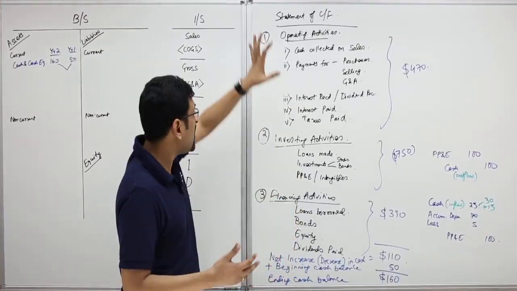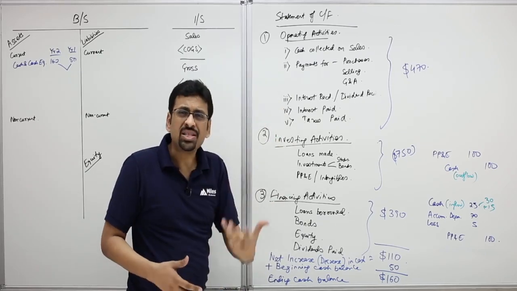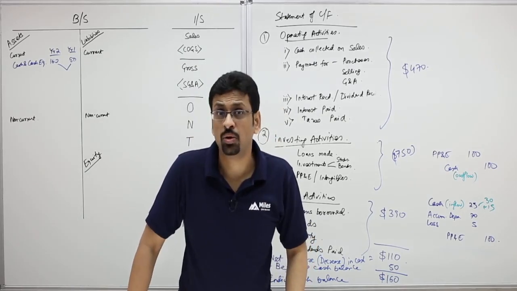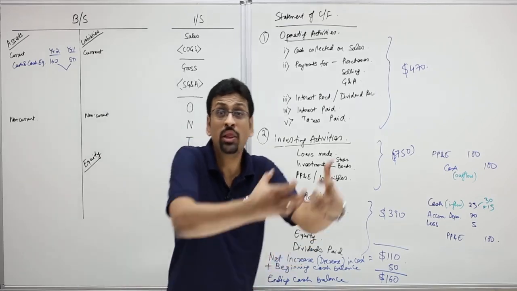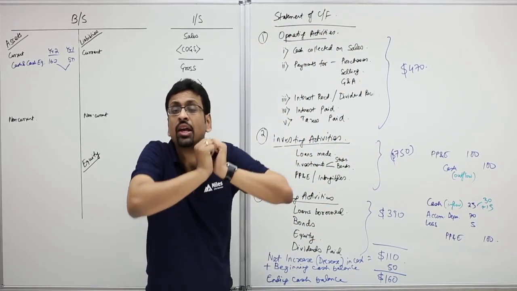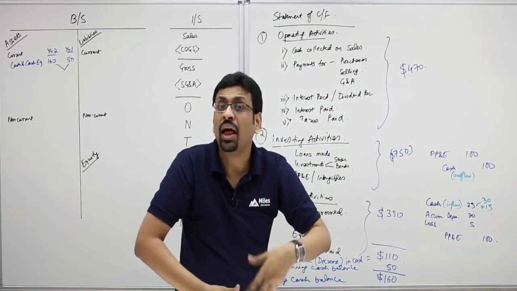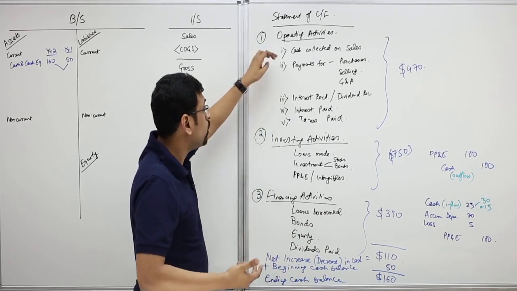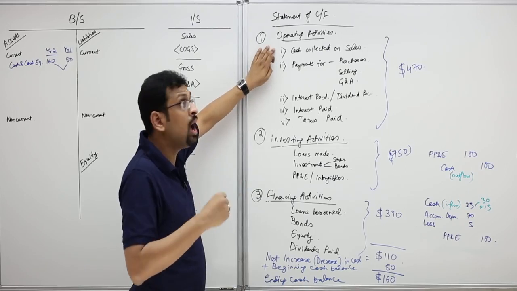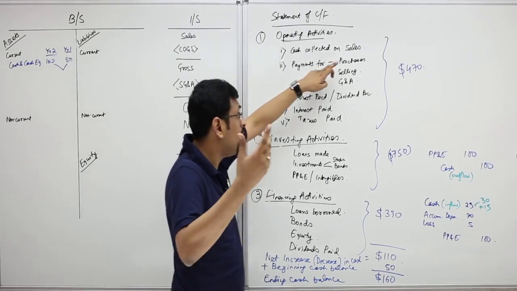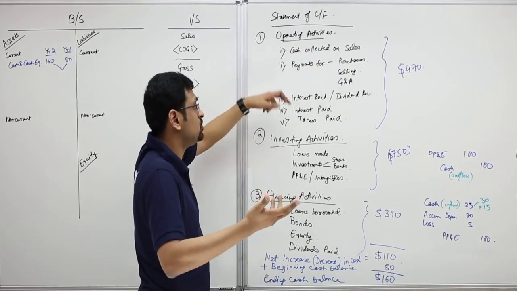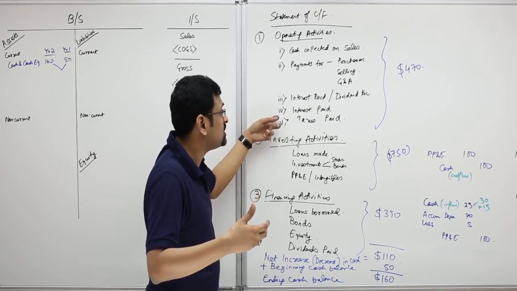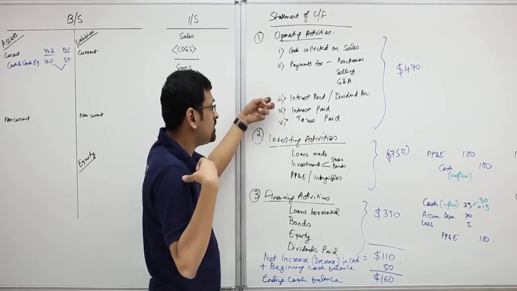Now, the statement of cash flows out here looks so much like a summary of your cash account, where you identify all the sources of cash and uses of cash, and that is called the direct method. You're talking about how much cash came in from sales, how much cash went out to vendors for selling and G&A expenses, for interest paid, taxes paid, what was interest received, dividend received.